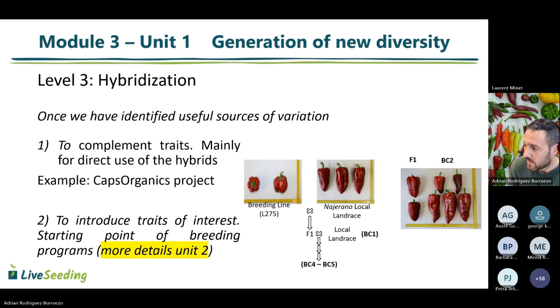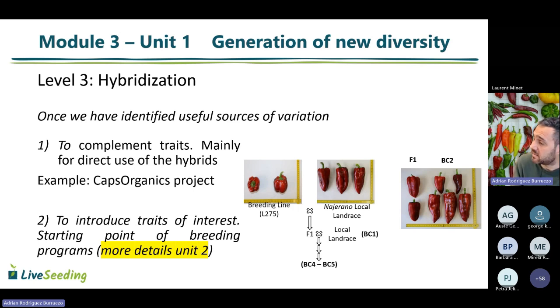Good. But maybe I am a bit more strict, or I want to go a step forward, because why not improve my ancient variety? This new source of variation is interesting for this trait and this trait, which fit the breeding objectives.